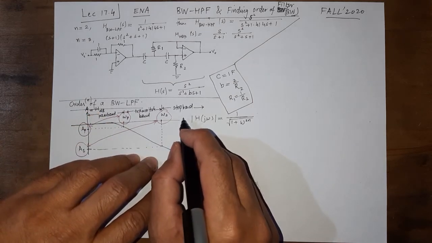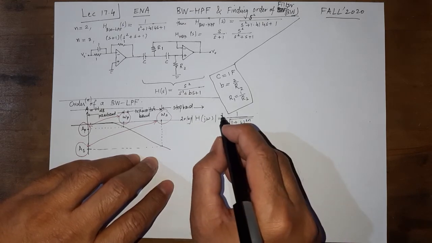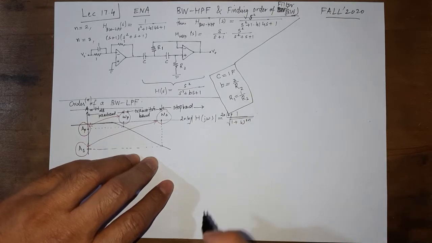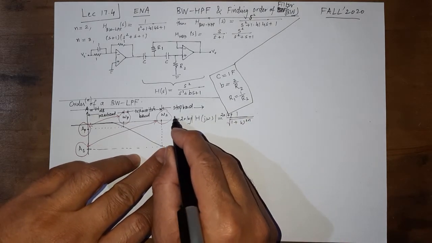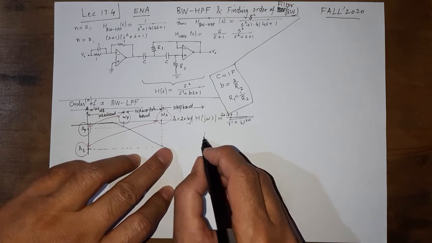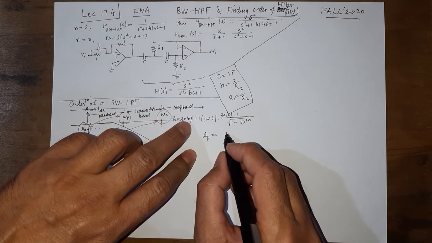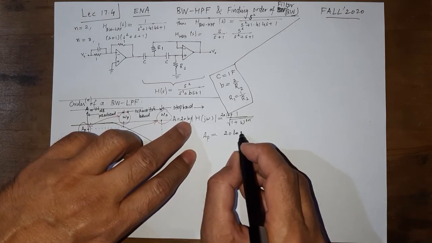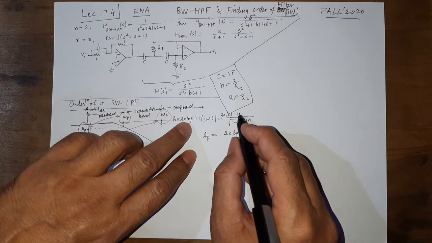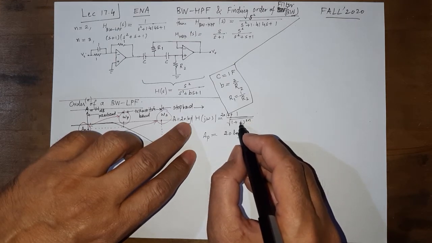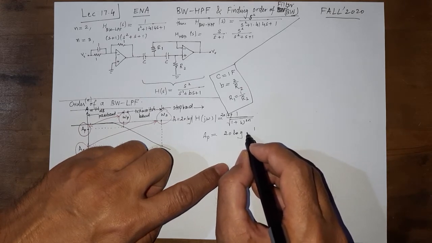So 20 log of this thing is what A is. So when we say AP, we mean AP is equal to 20 log of 1, which is 0, minus 20 log of this thing. So what are we going to get? Okay, we will do that in the next step.